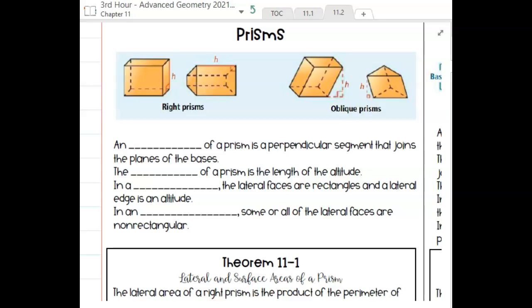Okay, so first thing, an altitude. An altitude of a prism is the perpendicular segment that joins the planes of the bases. It just means if you have a base here and a base here, what's the height?